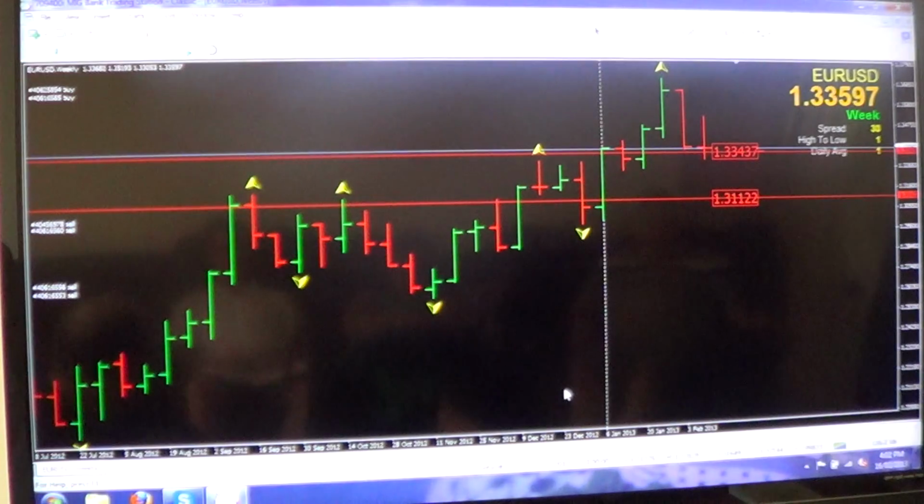We're putting on 4 legs, so you divide 4 into 8%, which would give us 0.02 per lot size, per trade.